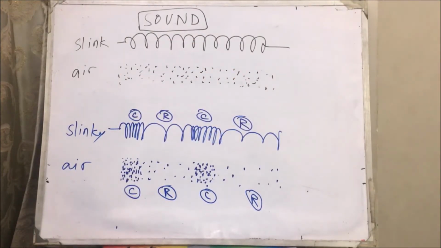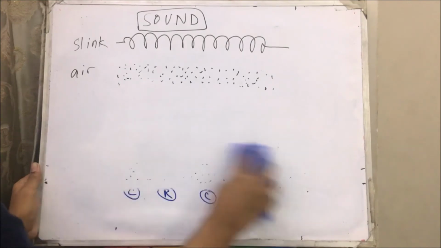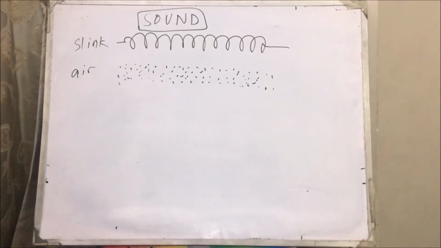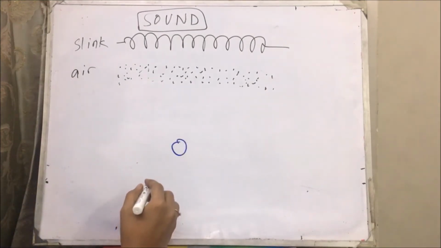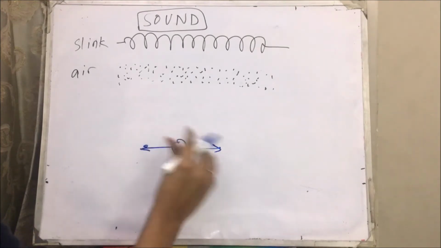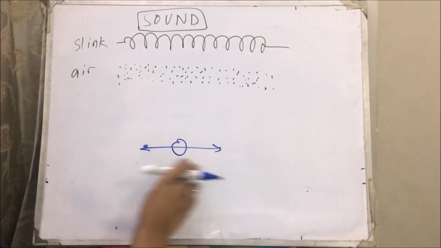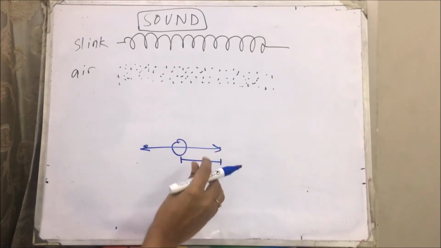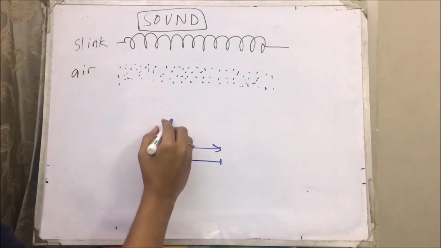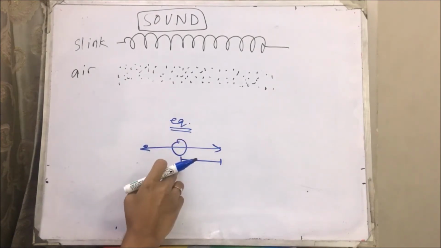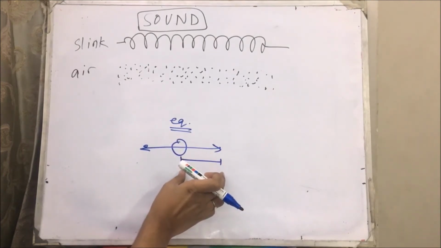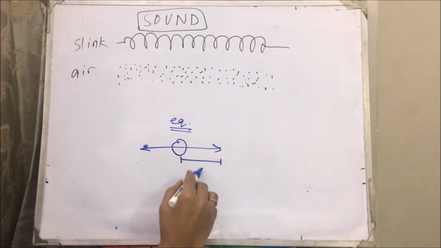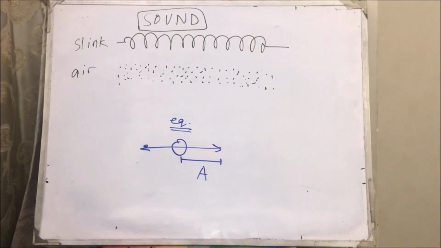Let us look at a bit more detail what happens to that air molecule. So imagine that this is an air molecule. This is moving in this position. This is vibrating like this. Okay. So for this air molecule, the maximum distance that it moves from its equilibrium position, the position that it occupies when there is no sound, that is called the amplitude of sound. And this amplitude defines the loudness.